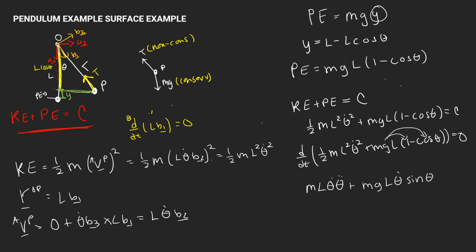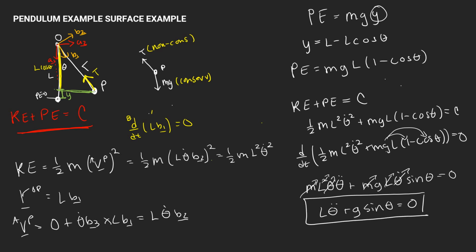And so because we have a cosine, the derivative is negative, but then it's multiplied by negative, so we get a positive there. This is equal to 0. And so we can cancel out some terms. We can get rid of an m. Oops, this should be a squared, so we can get rid of that L, and we can get rid of that theta dot. And so what we're left with is L theta double dot plus g sine theta equals 0. And so this here is our equation of motion.